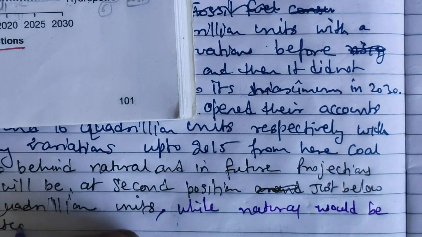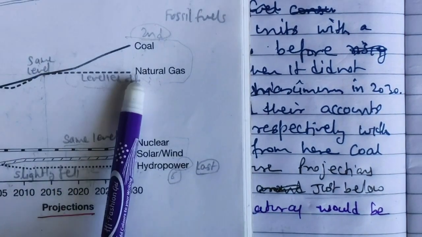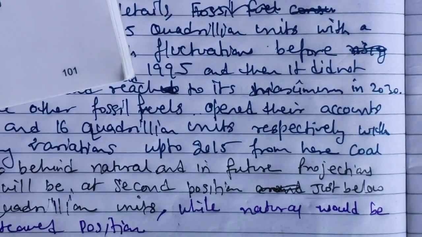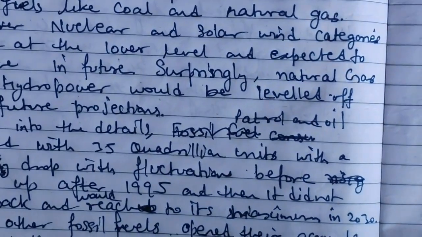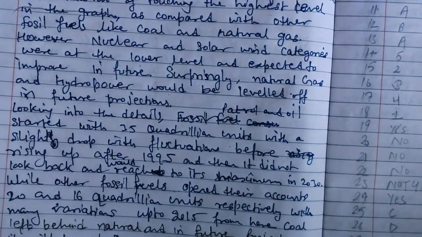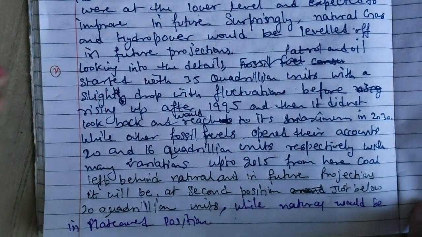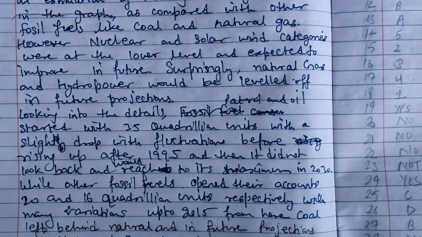Okay, plateaued position. This is known as plateaued or leveled off position. Okay, so this is complete. So let me show you what I have written with you. So this is my third paragraph. Now let's move on to the next page for my fourth paragraph.